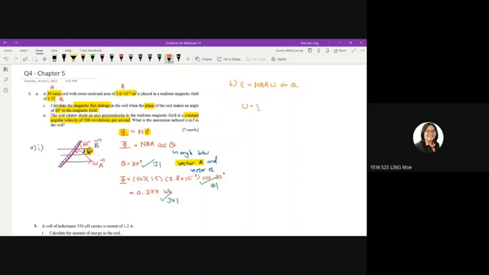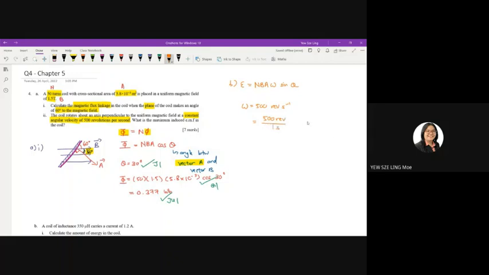The first thing you have to know is omega. Omega given is 500 revolutions per second. This is not SI unit, so how are we going to change it into SI unit? The easiest way is to make it into a fraction form. It equals 500 revolutions over 1 second.